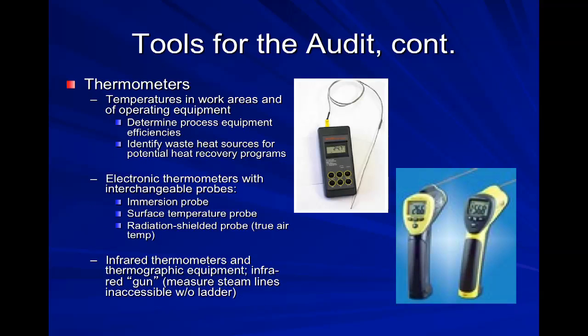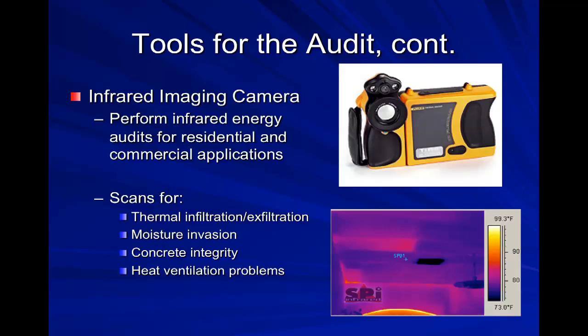We'll need thermometers, several ways of measuring them, whether with probes or with infrared guns. We also have cameras that can be used, and many of these cameras take not only the infrared photograph, but they can also take a visual snapshot.